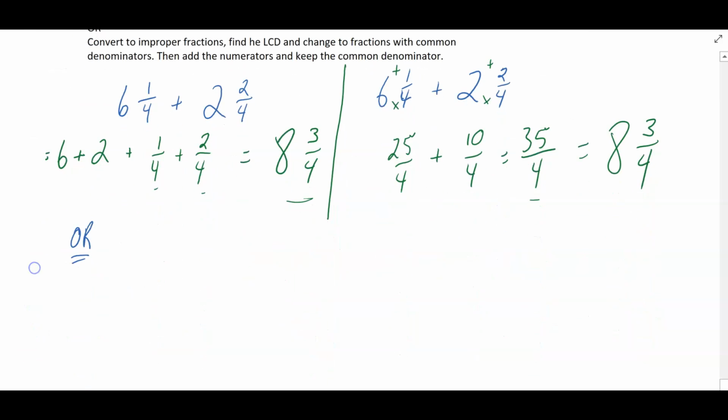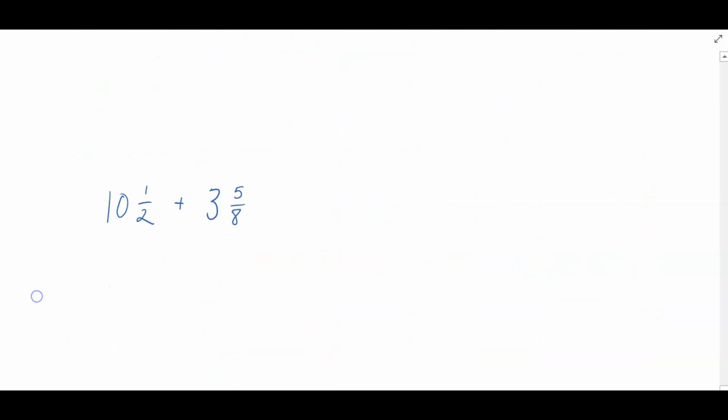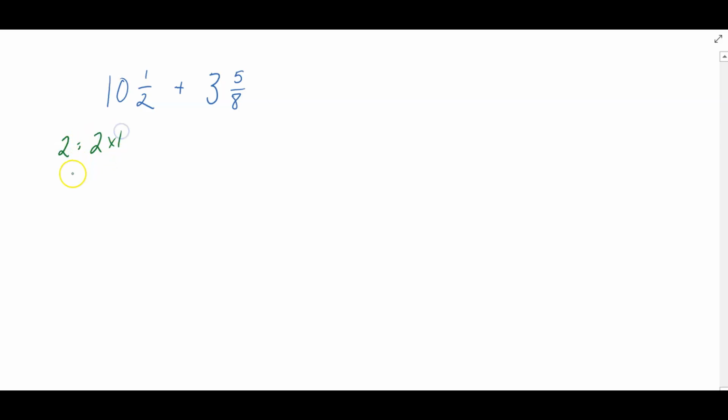Now I have one for you to try. And this involves finding a common denominator and then adding the mixed numbers. Pause the video and give this a try. So 2 is equal to 2 times 1. That denominator, 8, is equal to 2 times 2 times 2.